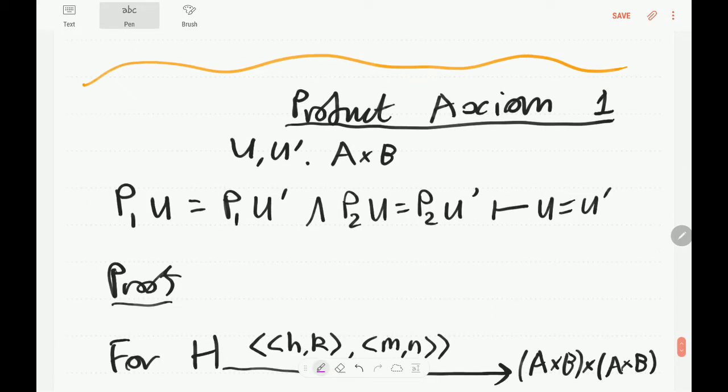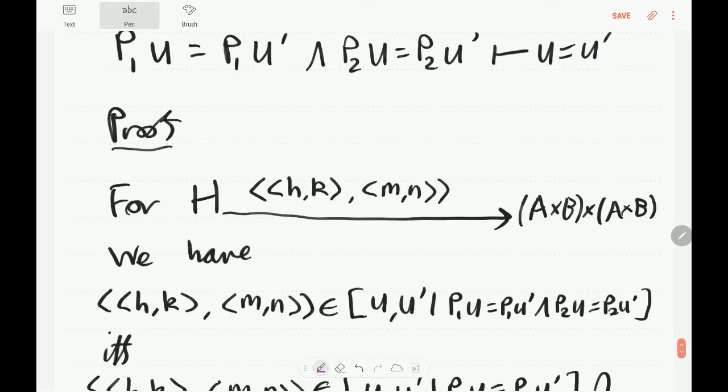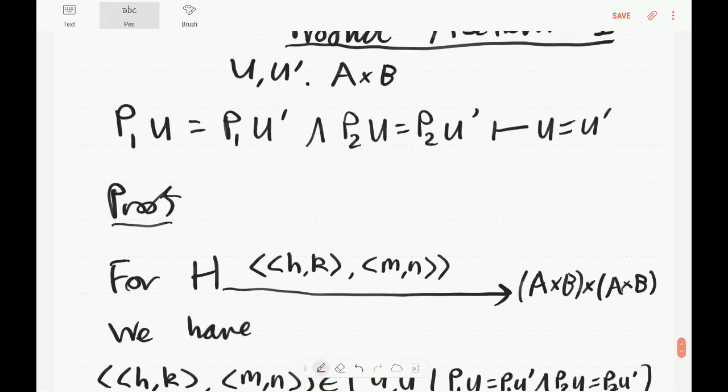Product axiom 1 says that for variables u and u dash of type A times B, we have that P1u equals P1u dash and P2u equals P2u dash always implies u equals u dash. Obviously also the converse will be true, because when u equals u dash, these two will always be the same.